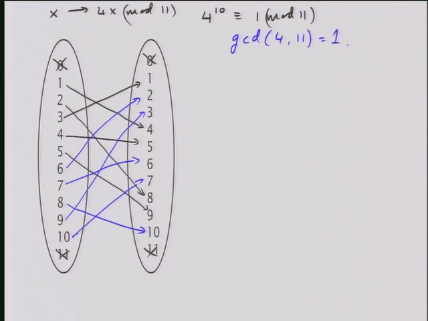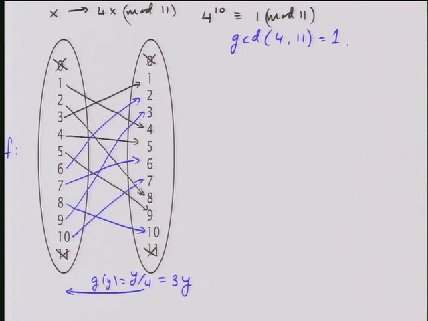If we call this function f, then there's a function g, where g of y equals y divided by 4. We don't care what y divided by 4 is, because it exists. Actually, y divided by 4 is 3 times y, because 3 is 4 inverse mod 11. So by the theorem we just proved, since there's an inverse, it's a bijection.